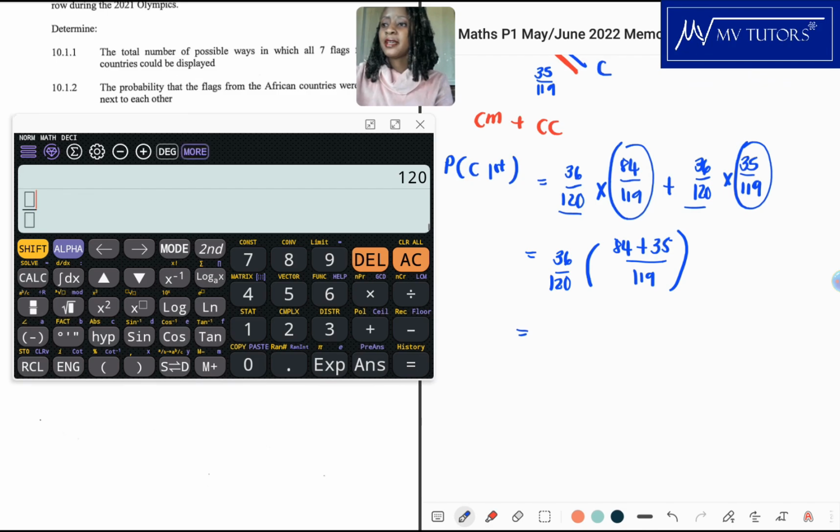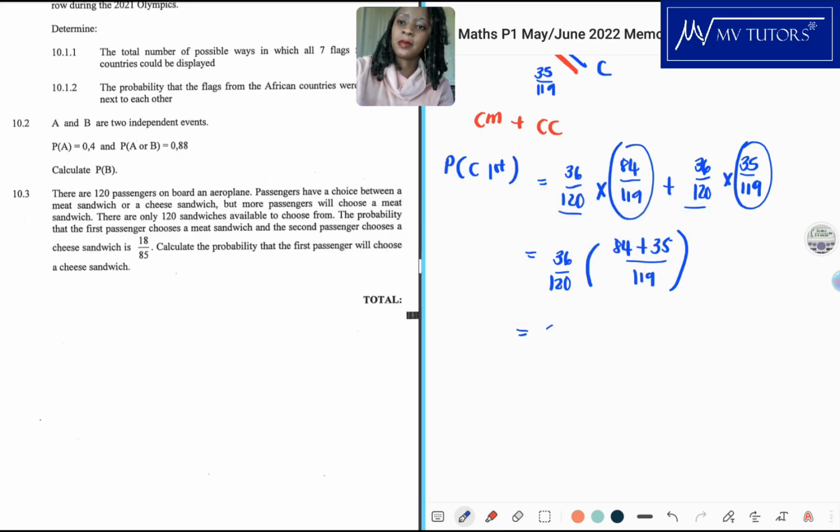So now we have 36 over 120 multiplied by 84 plus 35 over 119, and our answer then becomes 0.3 or 3 over 10. So that is the probability, 3 over 10 or 0.3 or 30%.